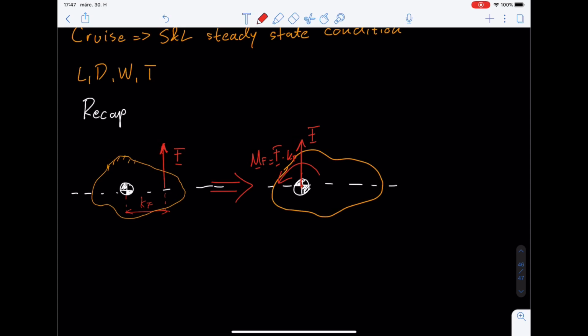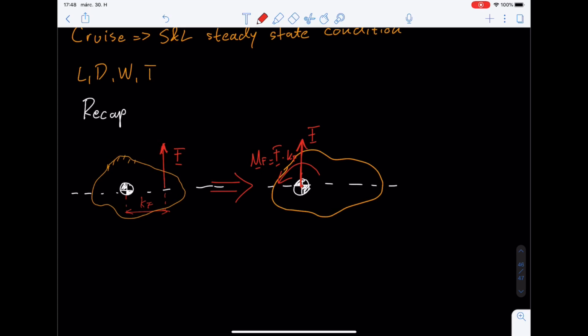And in this case, we transferred everything into the center of gravity. So here we have the force, and we also have the moment added to the center of gravity. And now we have the same effect, because the sum of the forces is unchanged, it's acting vectorially in the same direction, so it's the same vector.